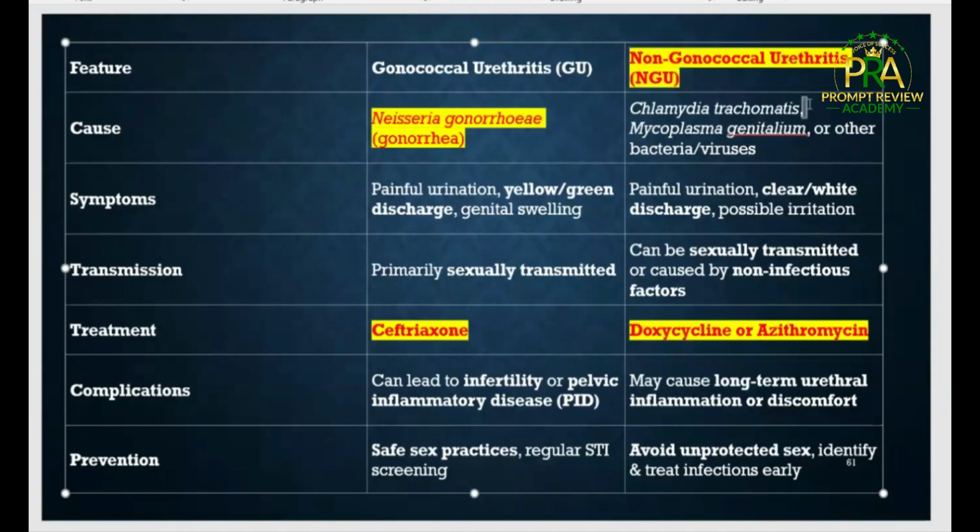So it is caused by chlamydia or any of these organisms or viruses that are mentioned. Gonococcal is gonorrhea, non-gonococcal is chlamydia. So if they ask you a question on non-gonococcal, then the treatment will be doxycycline and azithromycin.